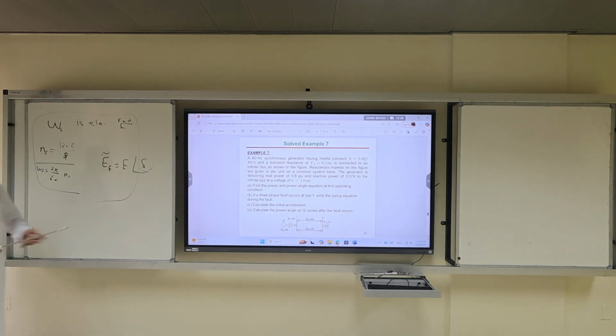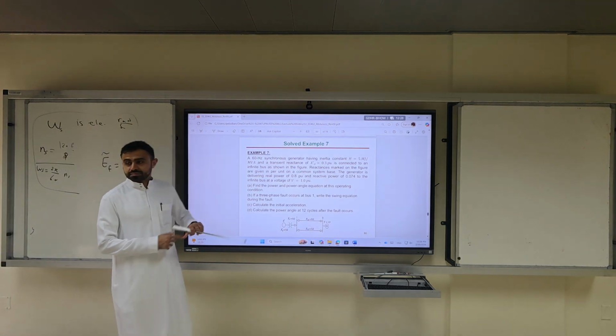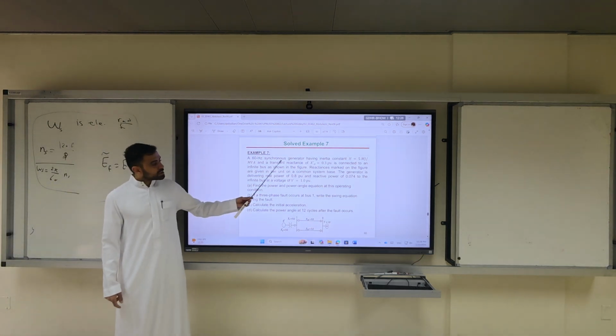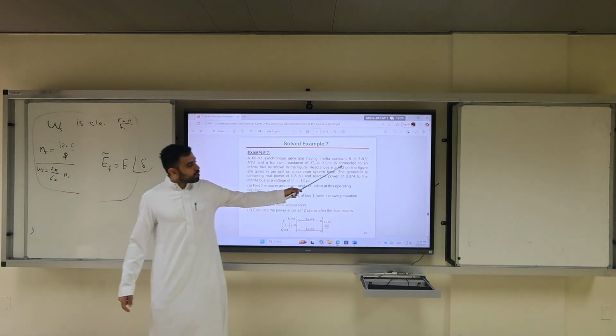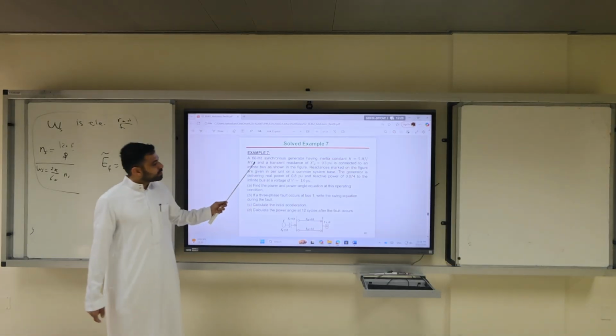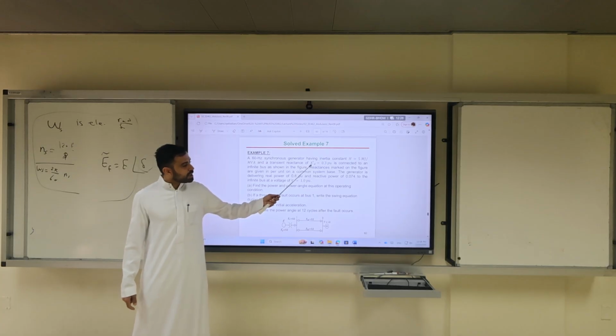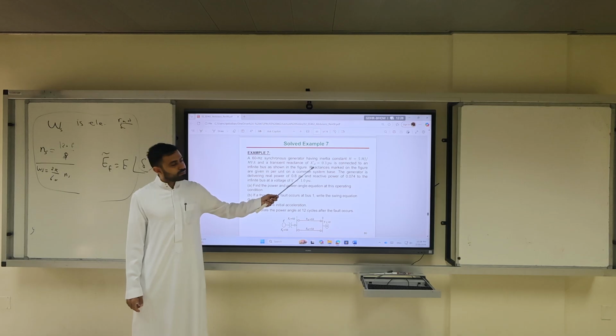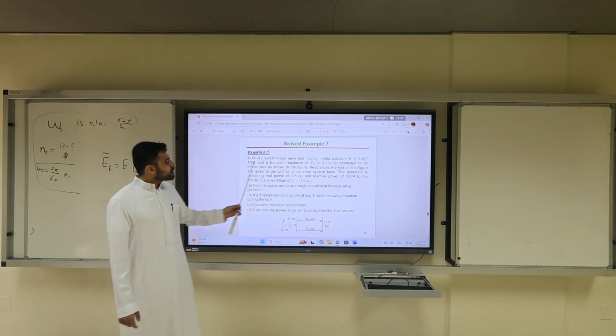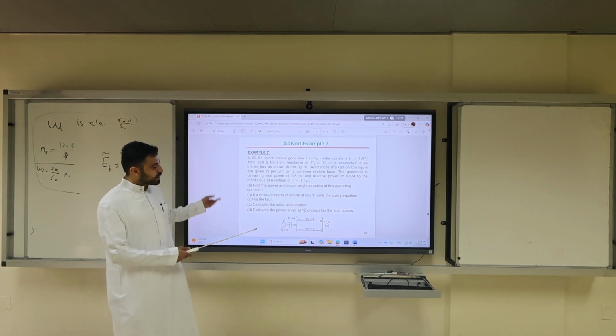A 60 Hz synchronous generator having an inertia constant of 5 seconds and a transient reactance of Xd', where d stands for the direct axis. We'll talk about it later. It's connected to an infinite bus as shown in the figure.